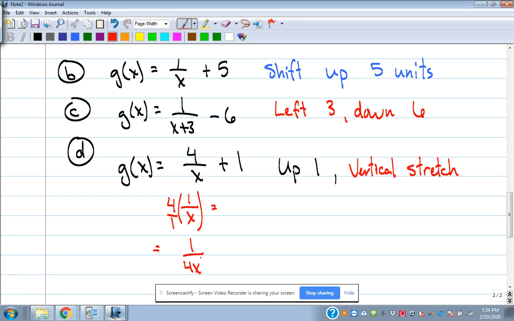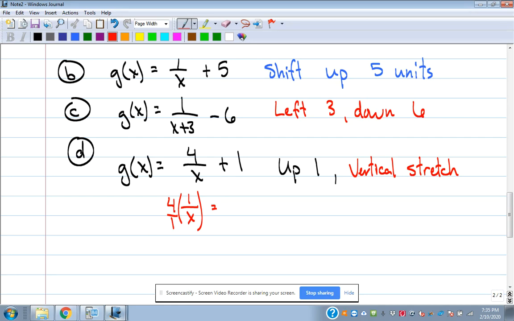That would be a horizontal compression, not a vertical, because that's inside with the x. Remember, inside is horizontal movements, outside is going to be vertical movements. Okay, so a little bit of review of transformations. We don't hang our hat too much on that in this section. We're going to do the other stuff a little bit more than we do that.